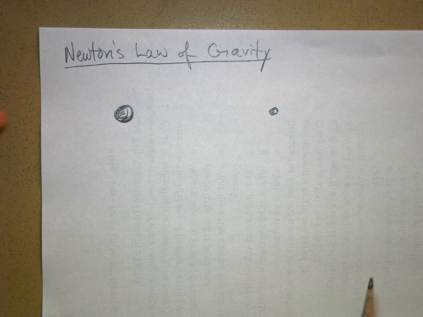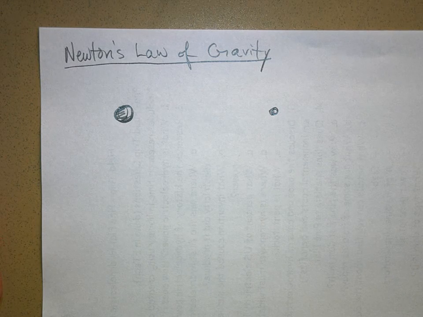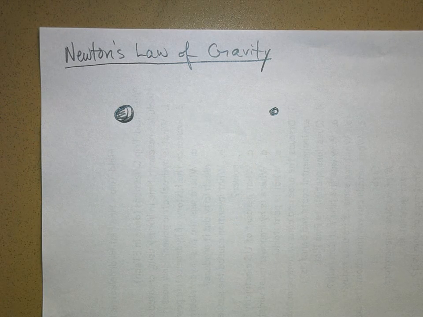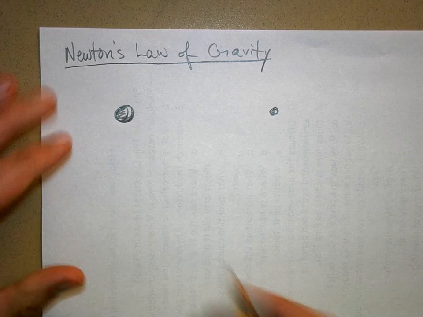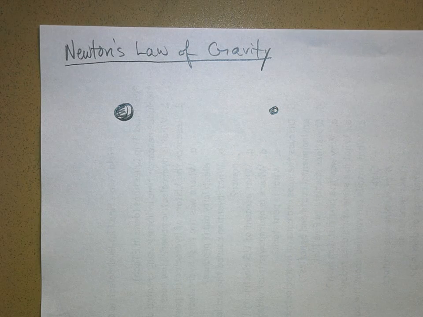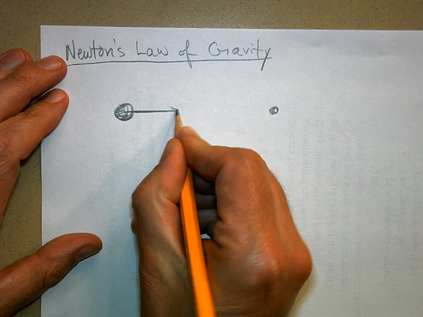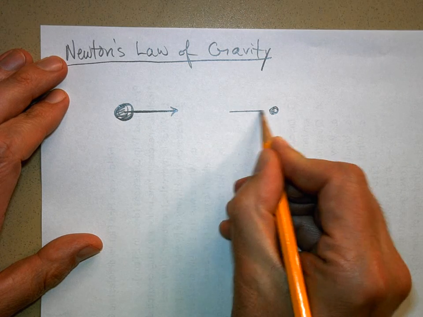Now, according to Newton's third law, if these objects apply forces to each other, they have to apply equal and opposite forces. So what he supposed was this: these objects apply forces to each other.